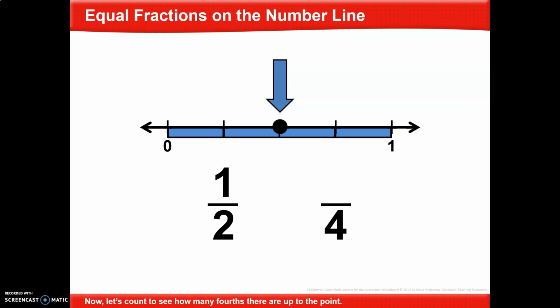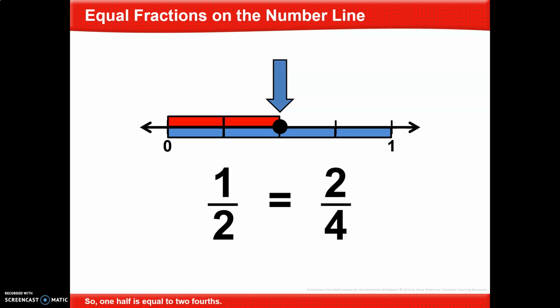Now let's count to see how many fourths there are up to the point. 1, 2. The point represents 2/4. So 1/2 is equal to 2/4. They mean the same thing.